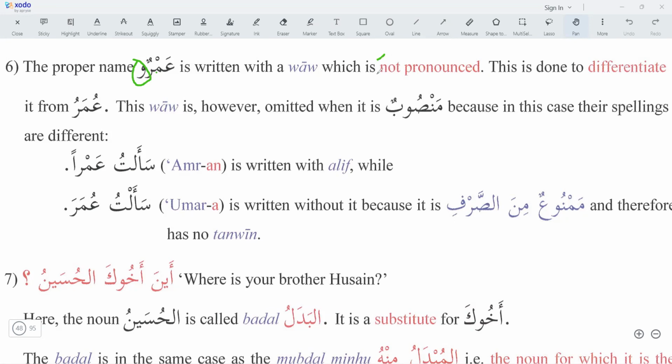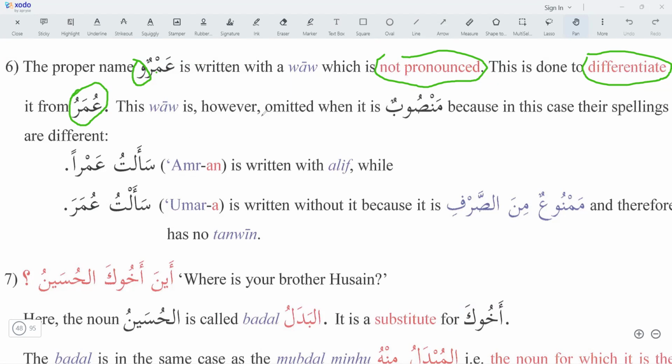This vowel we don't pronounce. This is done to differentiate it from the umaru. Amrun and umaru, they look similar. So that's why we added an extra vowel in the amrun.